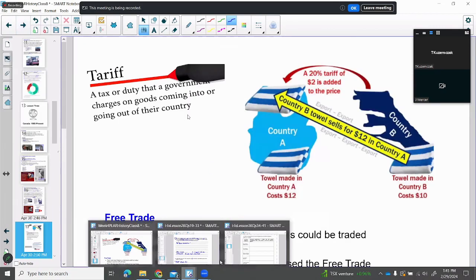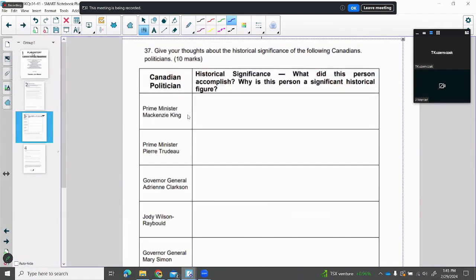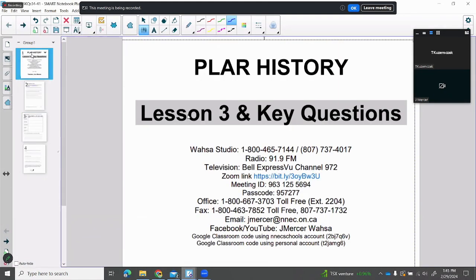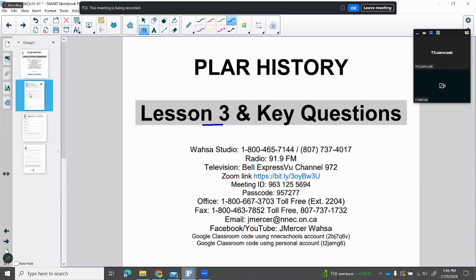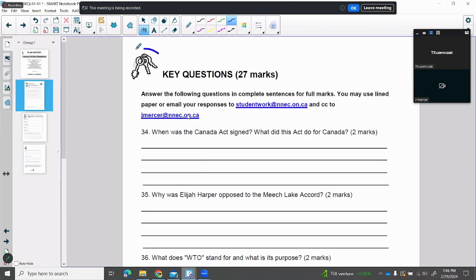Okay, let's look at the key questions here. So again, this is your PLAR History Lesson 3 key questions. It has the picture of the keys, so that indicates that those are the key questions that you need to submit.